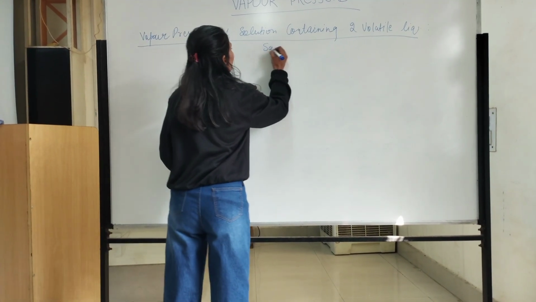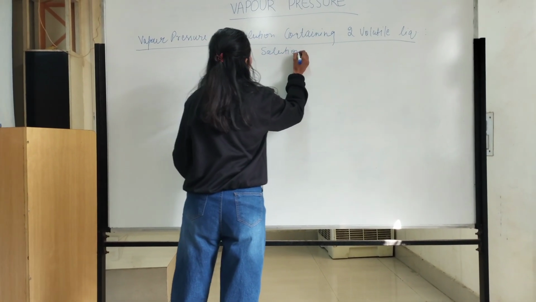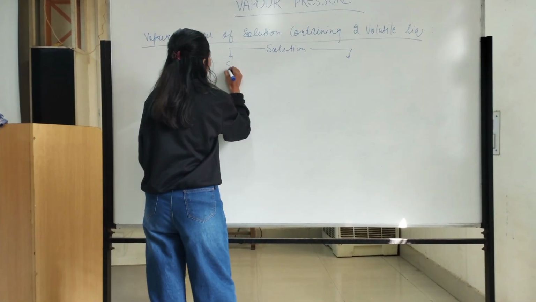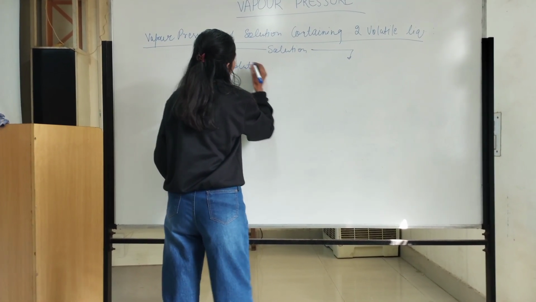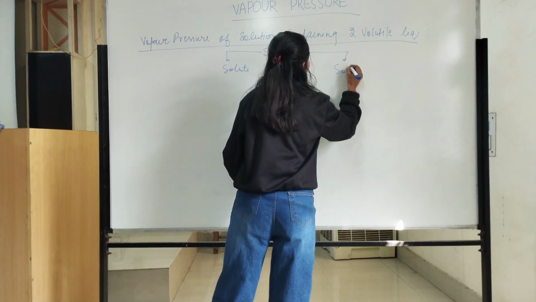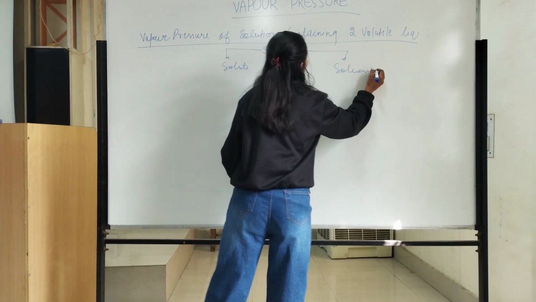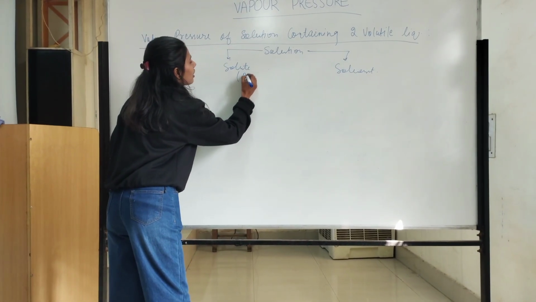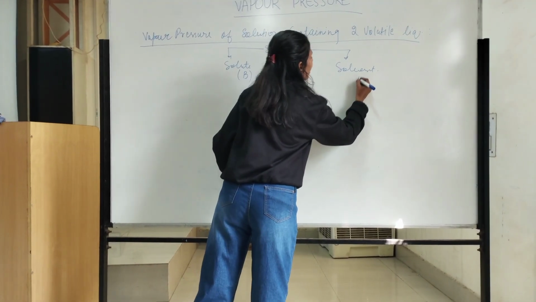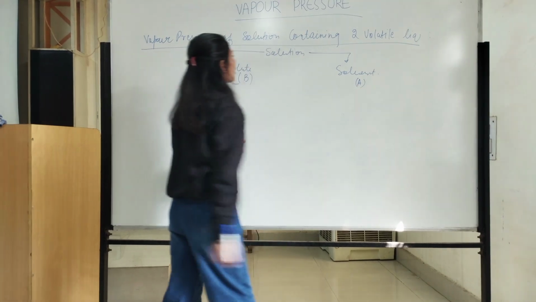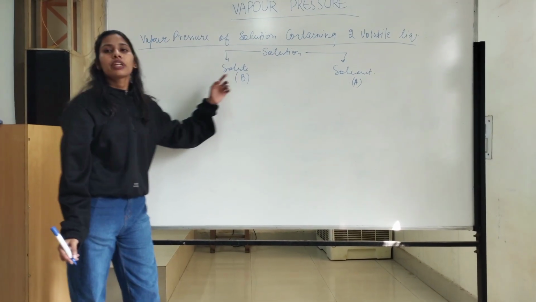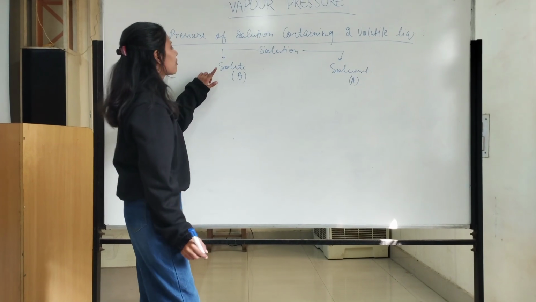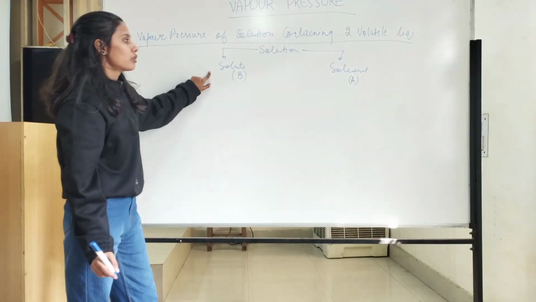So we have a solution in which we have solute particles and solvent particles. The molecules of solute are represented by B and the molecules of solvent are represented by A. And we are considering that solute and solvent both are volatile in nature. So what will be the pure vapor pressure of solute?